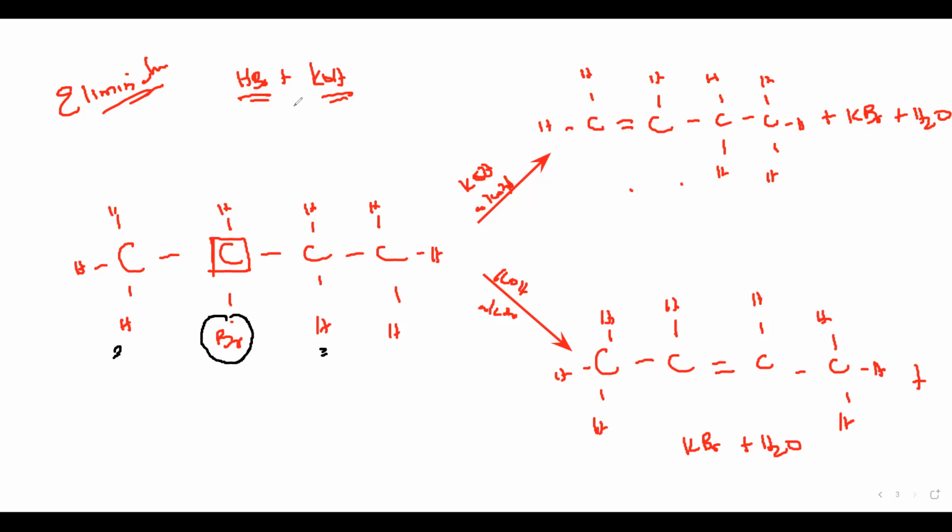But if we have potassium hydroxide in alcoholic medium, then it will undergo an elimination reaction, and as a result it will produce an alkene.